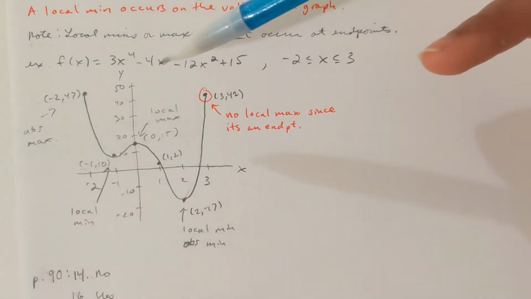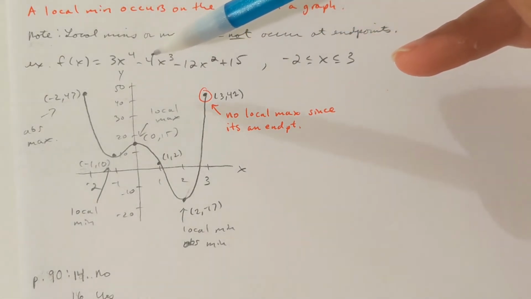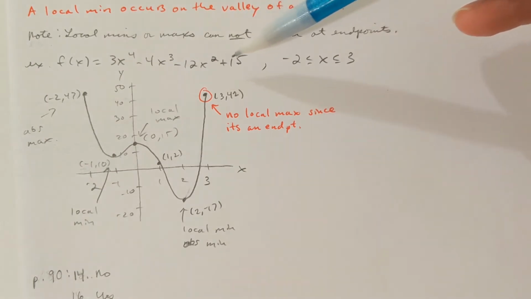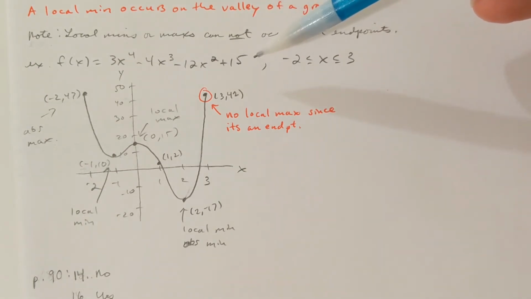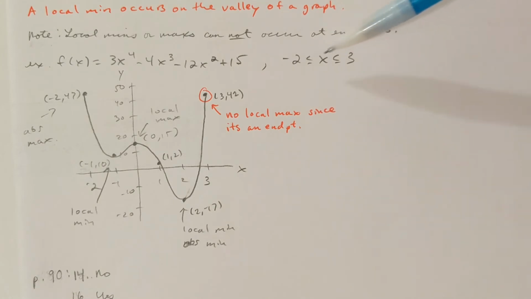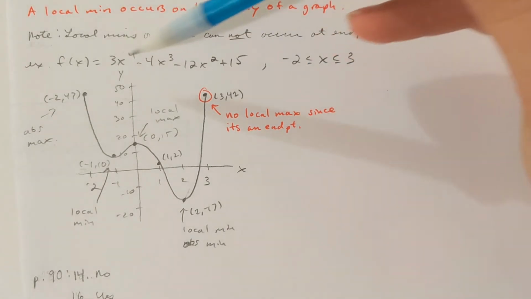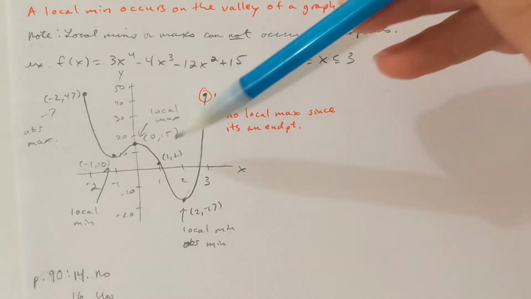So for example, suppose that f of x is equal to 3x to the fourth minus 4x cubed minus 12x squared plus 15, on the interval negative 2 to 3, including negative 2 and including 3. Well, if x is 0, f of 0 is 15.